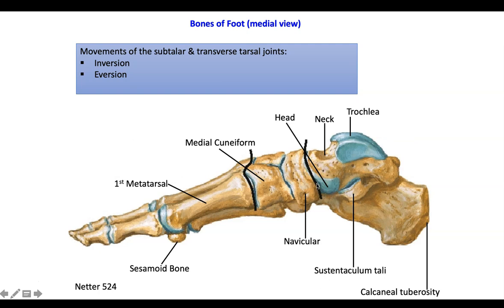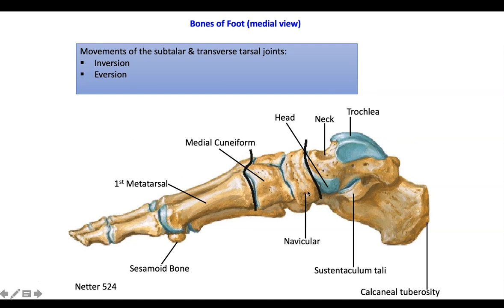Anteriorly our body weight is transmitted into the great toe, under the base of the great toe and the head of the first metatarsal bone; this area is called the ball of the great toe. So our body weight is transmitted from the tibia to the talus, anteriorly to the ball of the great toe, and posteriorly through the calcaneus into the ground.